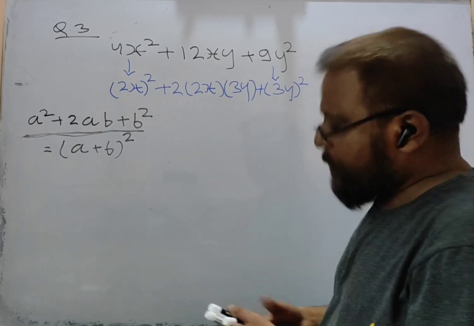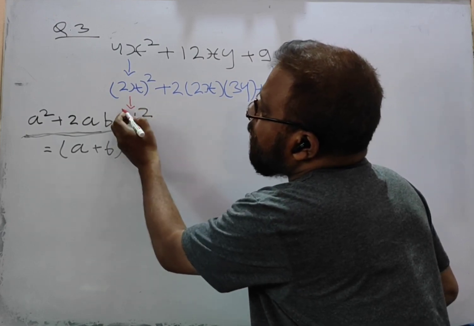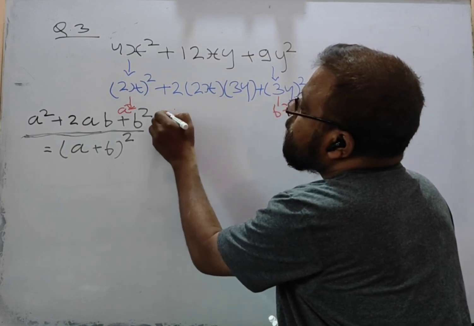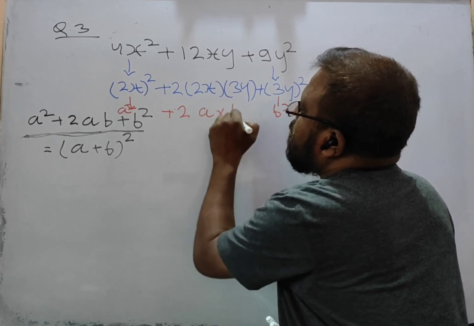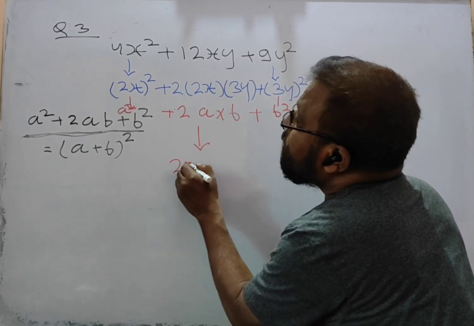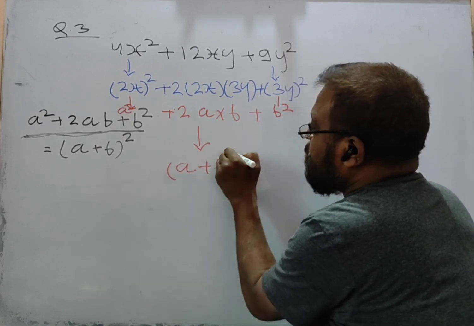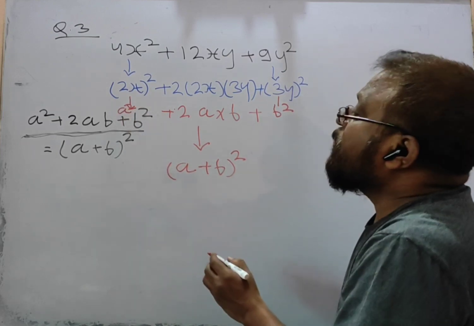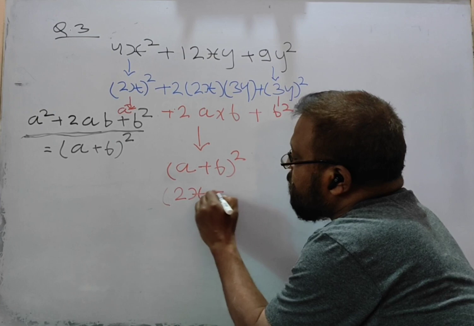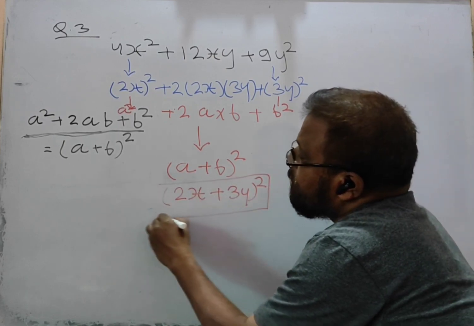So we get a plus b whole square, where a is 2x and b is 3y, and whole square. So this is our answer.